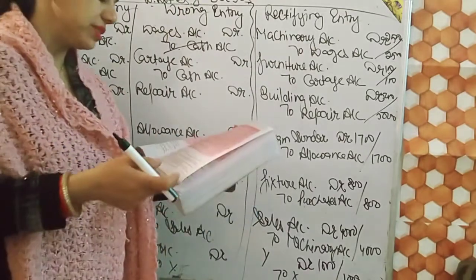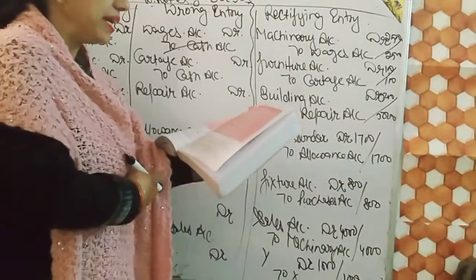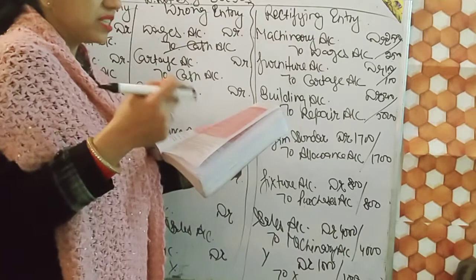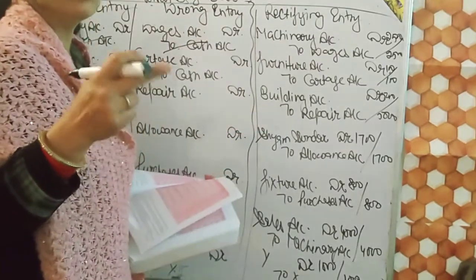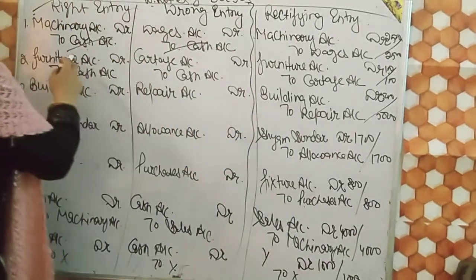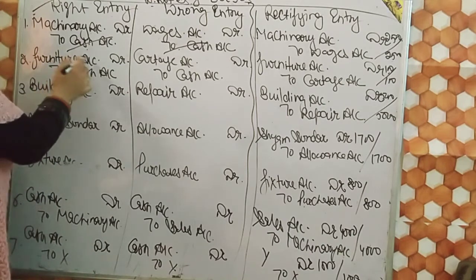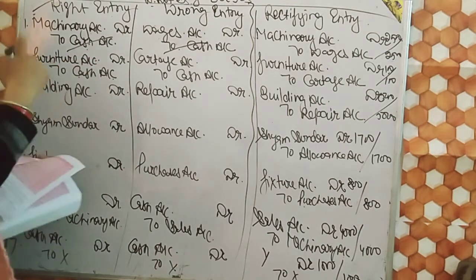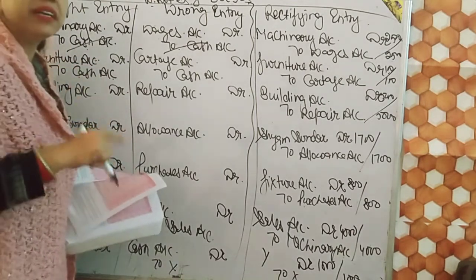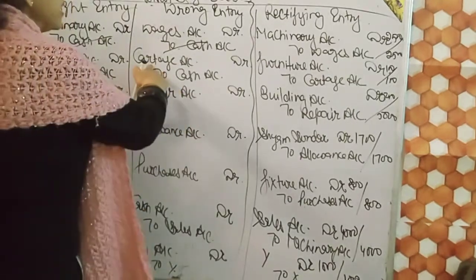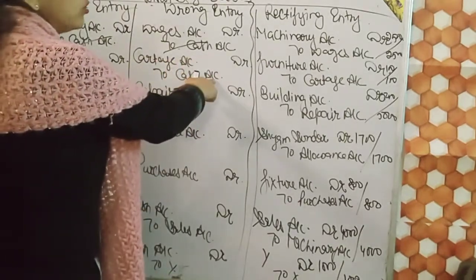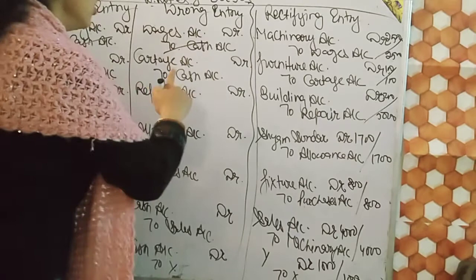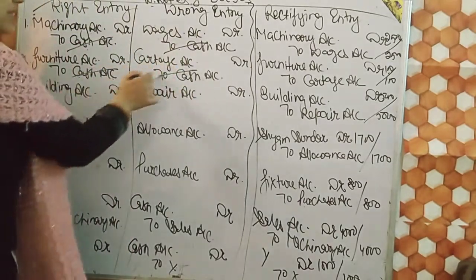Similarly, one more entry. Rupees 100 paid as cartage for newly purchased furniture, posted to cartage account. Furniture purchased, so the entry should be furniture account debit to cash account. But by mistake, we debited cartage account. So we made the entry cartage account debit to cash account. As I told you, cash will be cancelled.